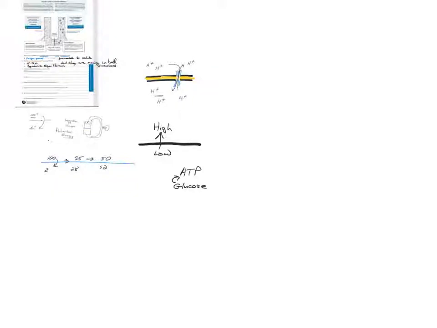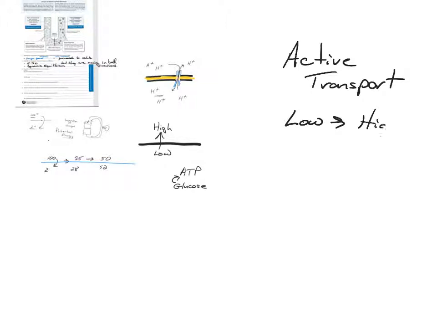There's a word for this type of transport. It's called active transport. Active transport is when things go from low to high. How many different kinds of passive transport do you know? Passive means what? No extra energy.